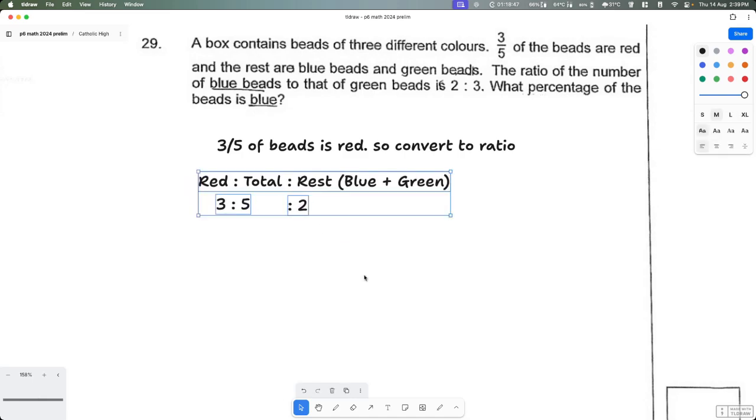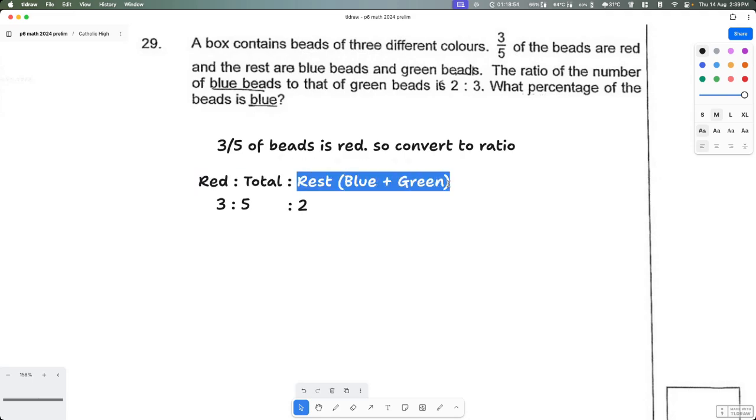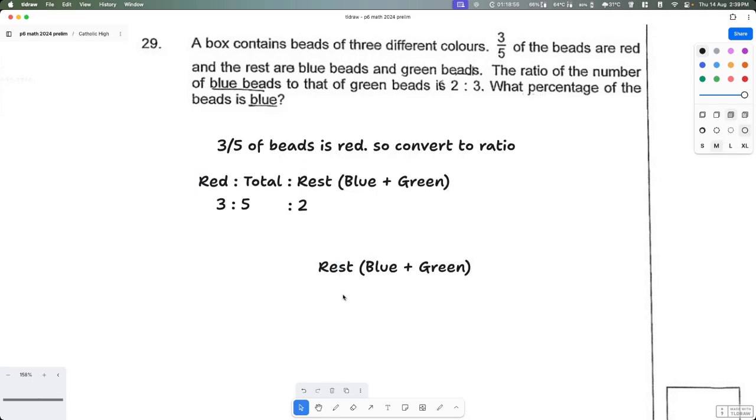At the same time, we know that the rest, blue and green, is 2 plus 3, which is equal to 5. So this is 5, and then we also have blue is to green.